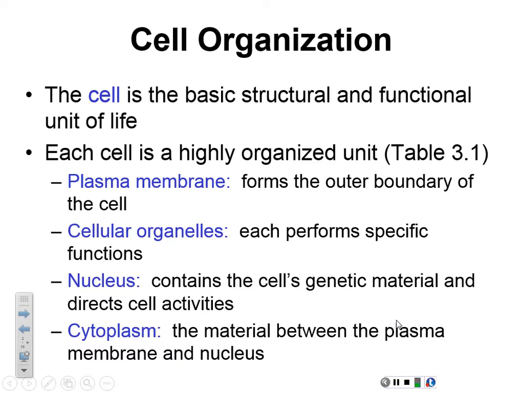And then the organelles that have specialized functions. These are membrane-bound organelles. Some of them are not membrane-bound, like the ribosomes and the centrioles. But most are membrane-bound, and you all know most of these organelles.